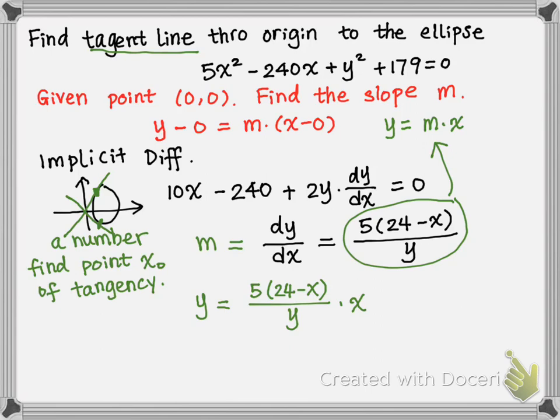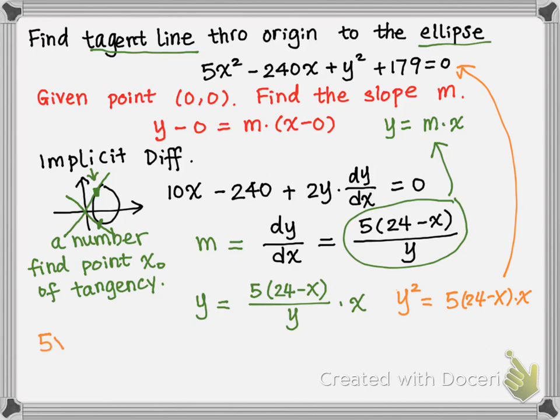And the particular point on the tangent line must also be on the ellipse in order to be a point of intersection or tangency. So we simplify this expression. We realize that y squared equals 5 times (24 minus x) times x. We plug this into the original equation and solve for x.